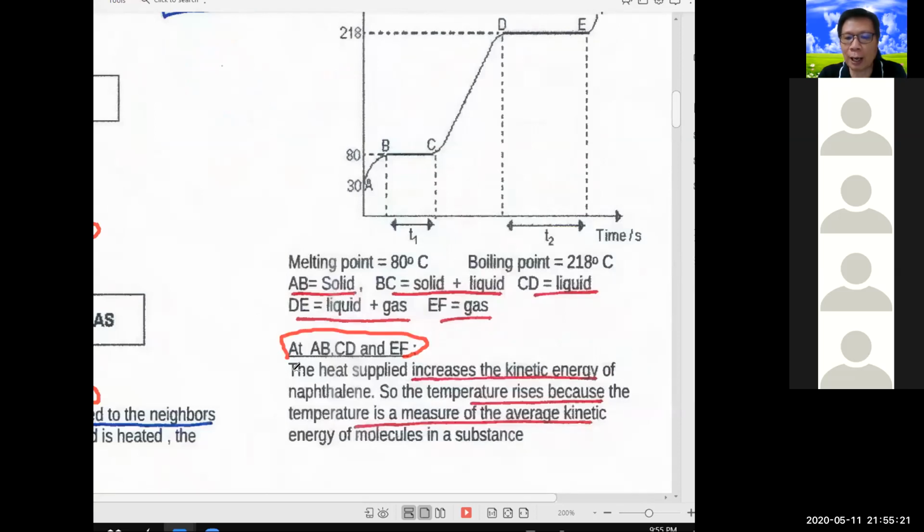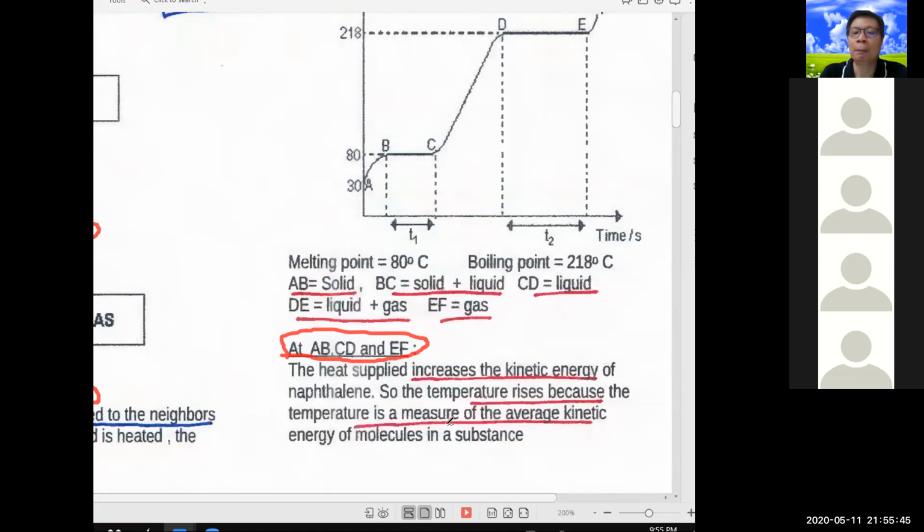Why does the temperature go up? The heat supply increases the kinetic energy of the naphthalene. When you supply the heat, it increases the kinetic energy of the molecules, so the molecules move faster. The temperature rises because temperature is a measure of average kinetic energy.